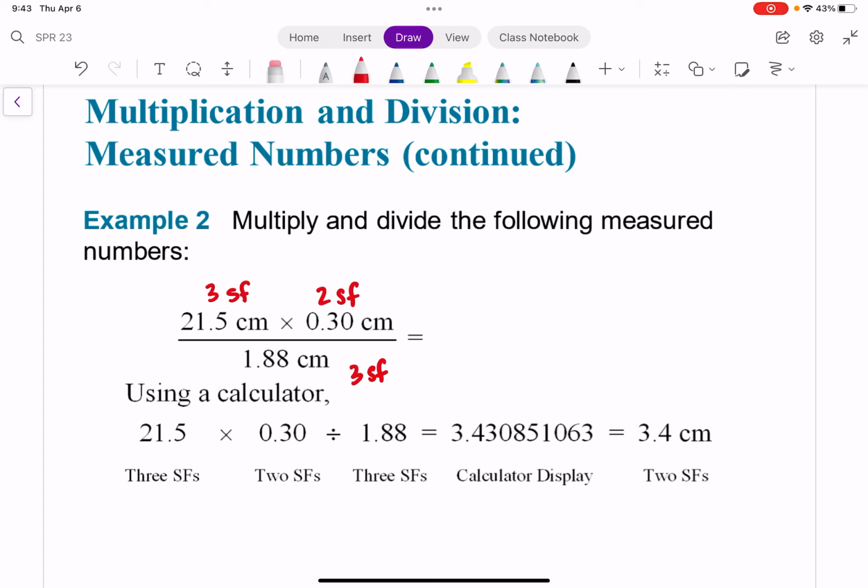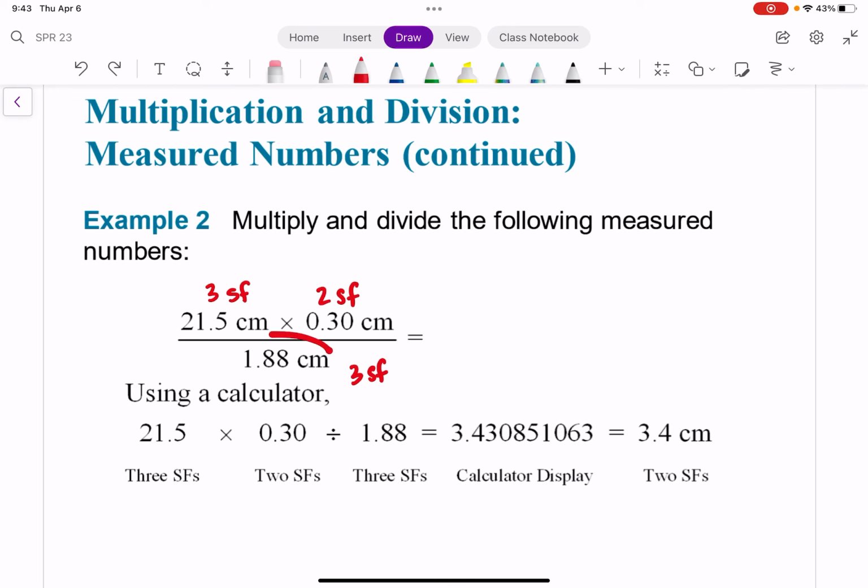Okay, so what is the number that is limiting our number of sig figs? What's the lowest number of sig figs we have? This one here, right? Okay, so now what we're going to do is just carry out the calculation, get your answer, and then you can round that final answer to 2 sig figs.